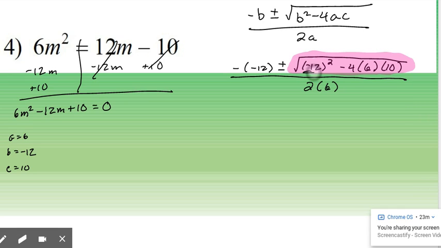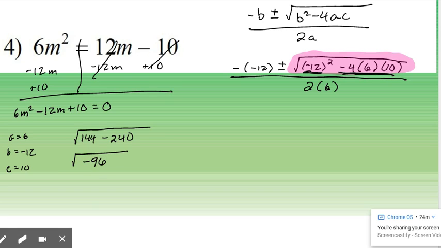Okay, so negative 12 squared off to the side here, that's 144. Negative 4 times 6 times 10, that's negative 240. Well, I got to subtract these. 144 minus 240, and I get negative 96.